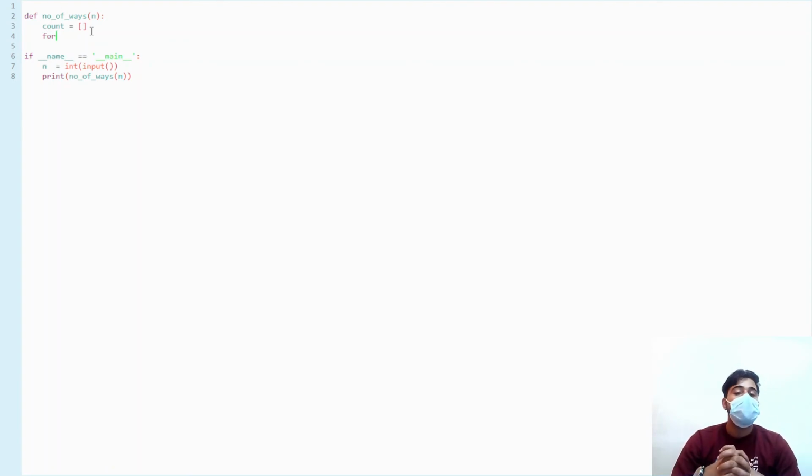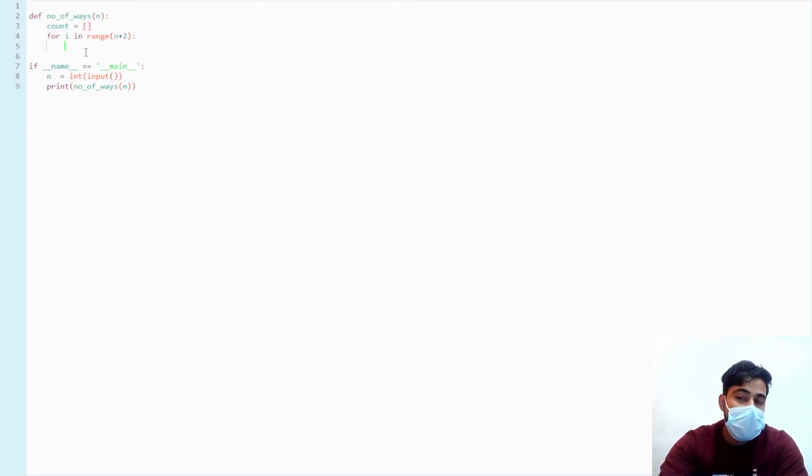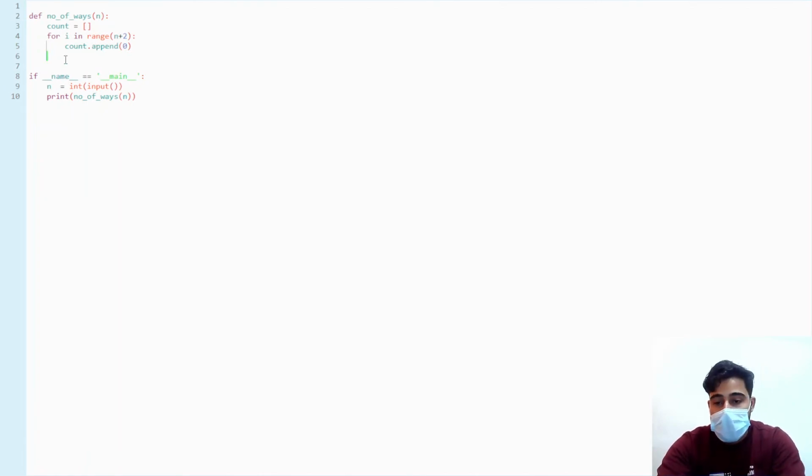So for that, I will place n plus 1 zeros in my count list: for i in range n plus 1. We know that our loop will start iterating from 0 to n. Now I'll do count dot append 0 at the end. So I have placed n plus 1 zeros in my count list.